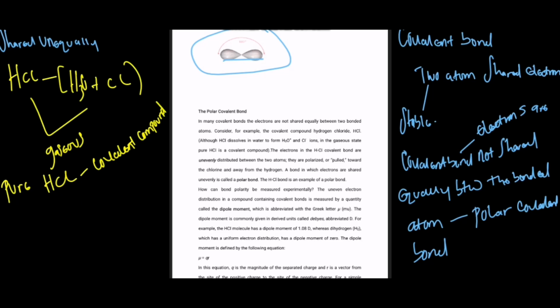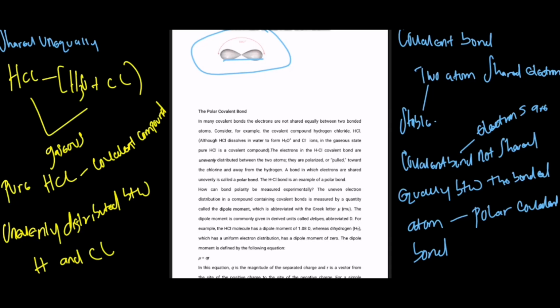What happens in the HCl bond, the hydrogen chloride bond, is that the electrons are unevenly distributed, not equally shared, between the hydrogen and the chlorine.